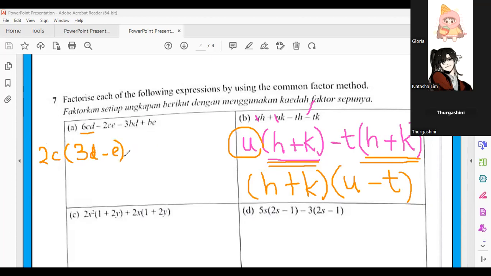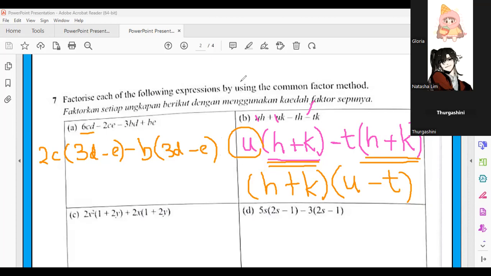Can you see that? Minus, take out my D. Is it D? Take out the B, and you're left with 3D minus E. Am I right?